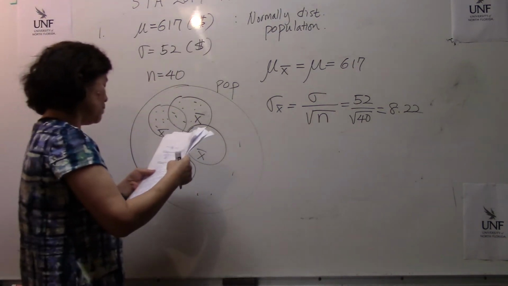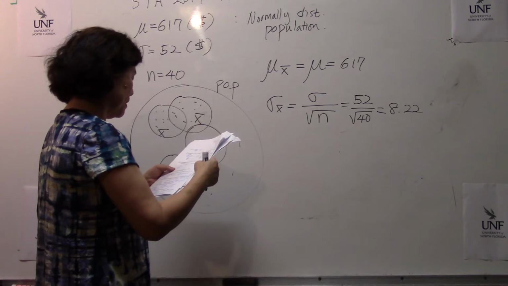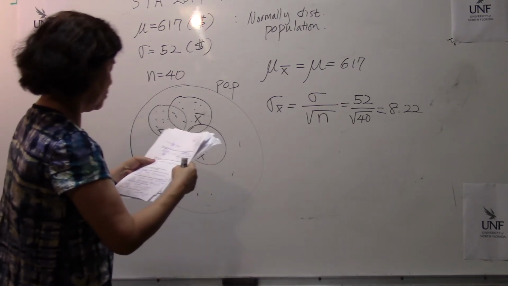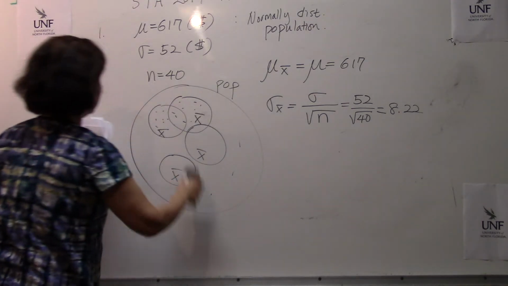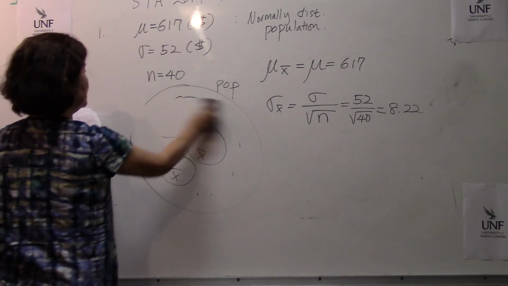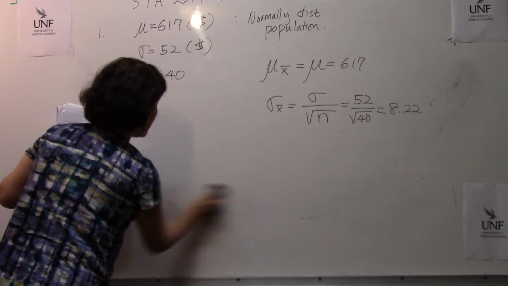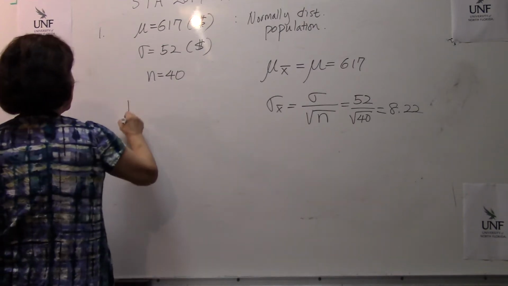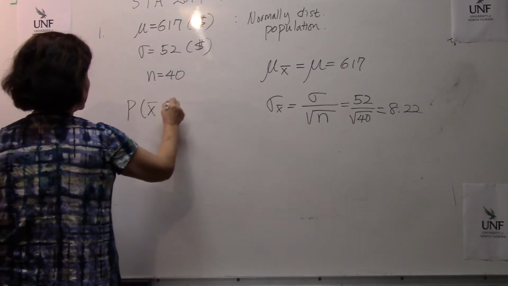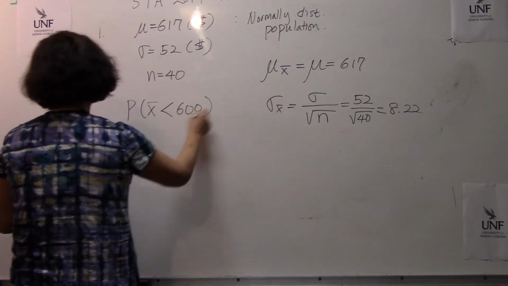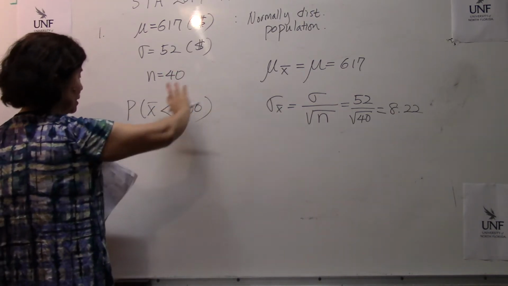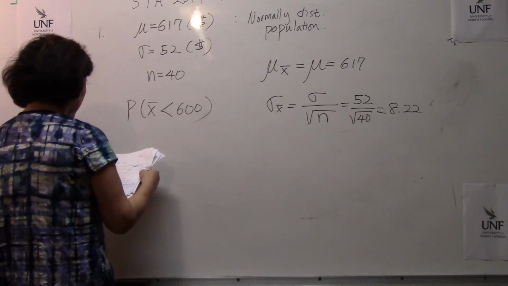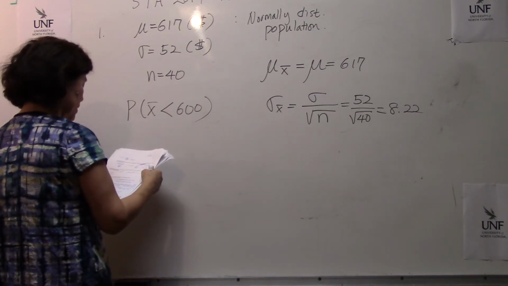Next, B. Find the probability that on average they will spend on vehicle insurance per year less than $600. Okay? So this time you are going to see the probability that X bar is less than $600 among those samples. We are talking about just those samples, not really individuals.